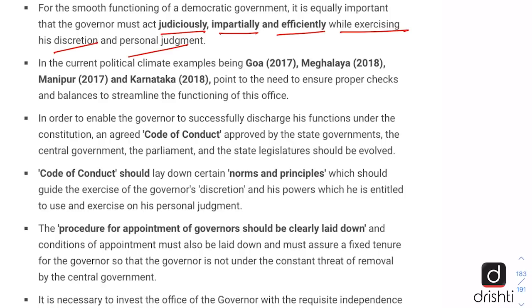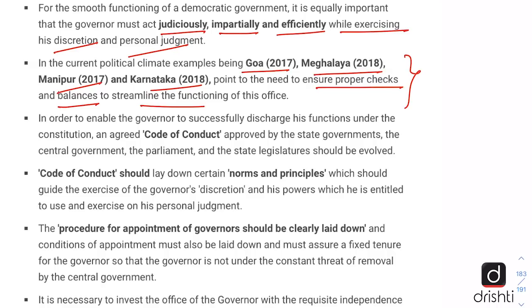And the recent cases in Goa in 2017, Meghalaya in 2018, Manipur in 2017, and Karnataka in 2018 point to the need to ensure proper checks and balances to streamline the functioning of the office of governor. In all these instances, the governor acted more as a member of the ruling party at the center than as the constitutional head of a state.